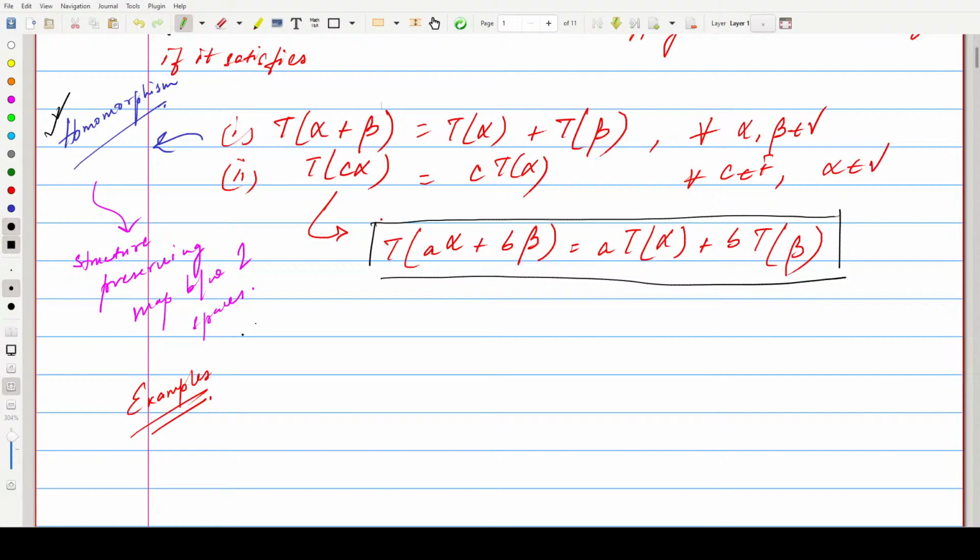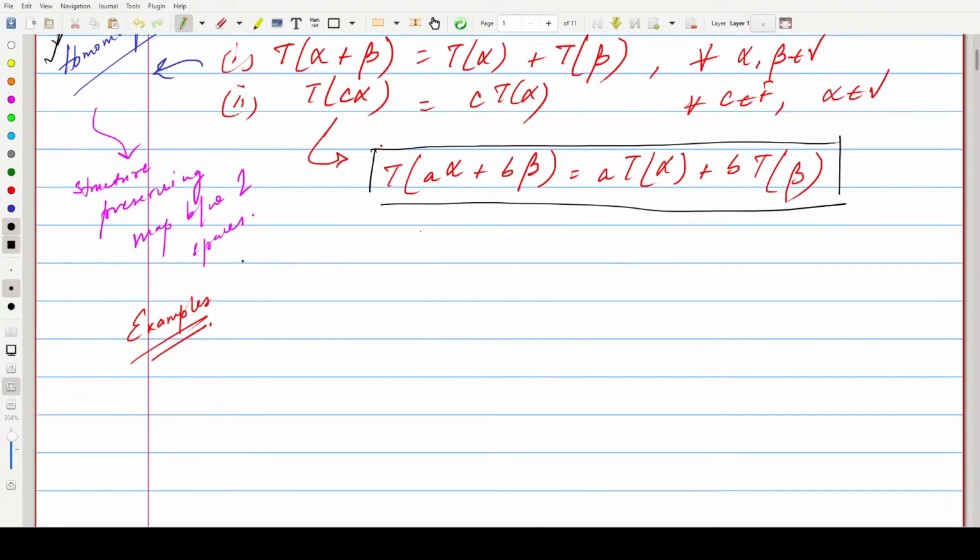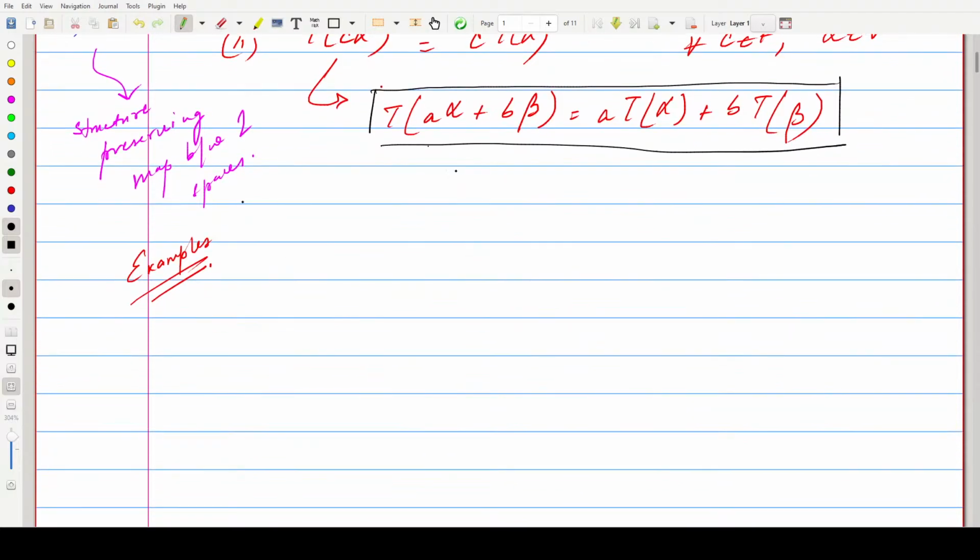That's a fancy way of saying this is a structure-preserving map. The algebraic structures which underlie these vector spaces are preserved. Let's look at some formal examples of a linear transformation.